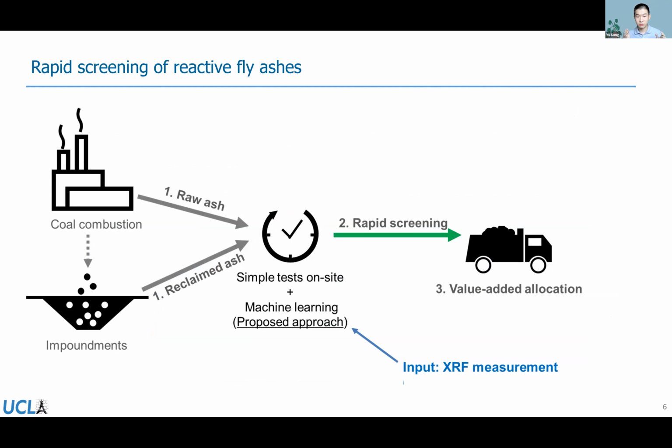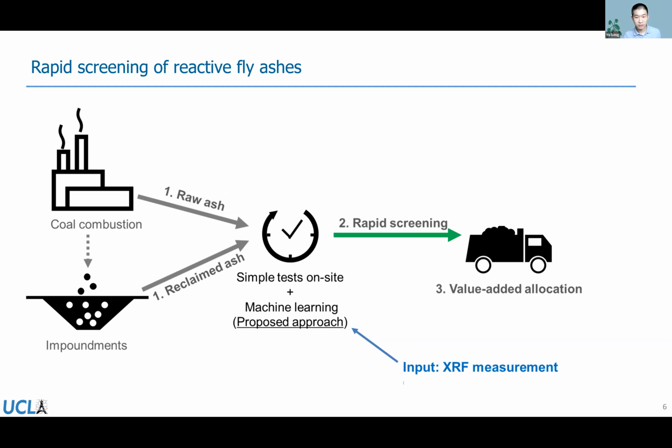From the job site, we can get a raw material, and by conducting simple and rapid tests such as XRF, we extract that information and further couple it with a machine learning model that we developed. And so literally within seconds, we can make a better decision in terms of how we want to make the best use of the raw material on a per batch basis.